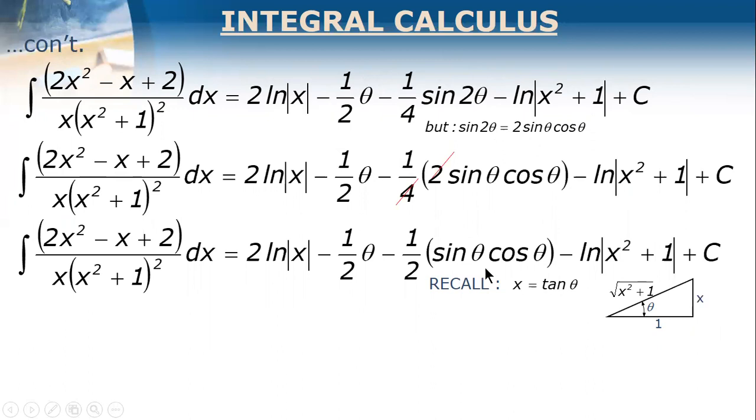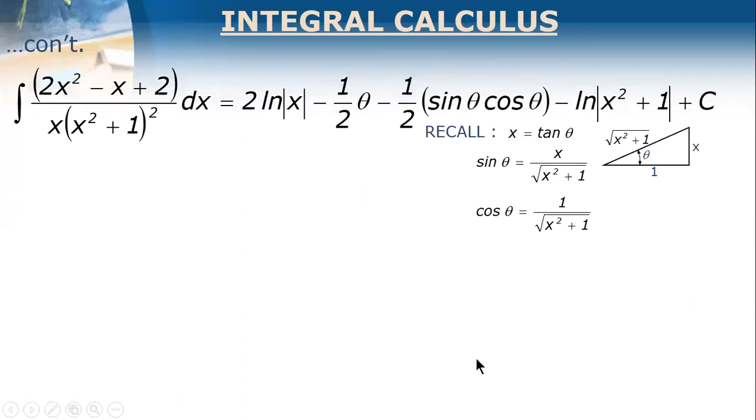So to solve, sine theta is x over square root of x squared plus 1, while cosine theta is 1 over square root of x squared plus 1. So we are going to substitute this one in the second term. While for theta, we can replace it by arctan of x.